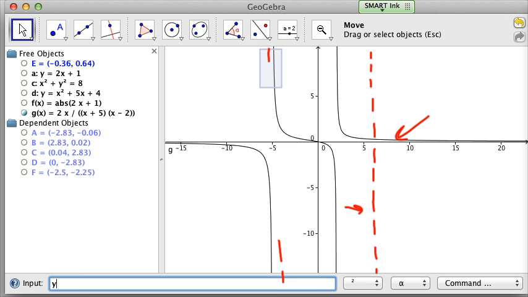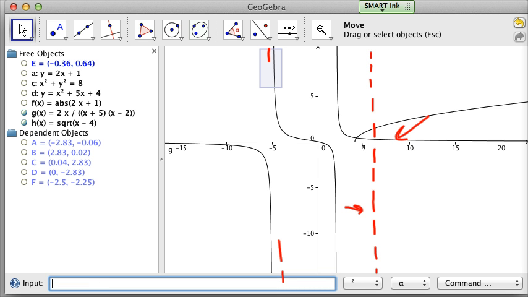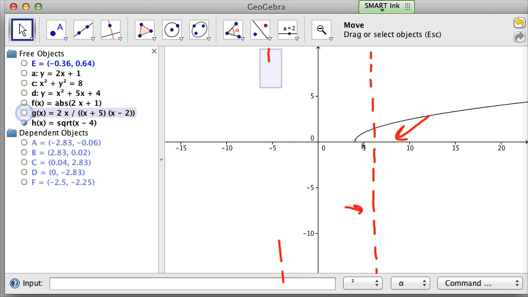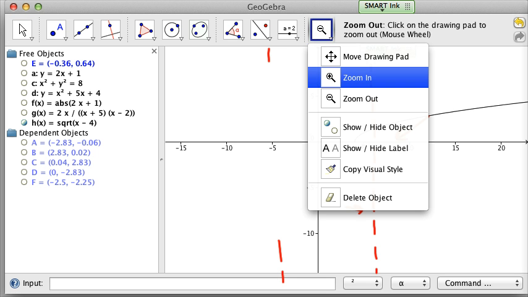So y equals SQRT for square root, and I think it was x minus 4. And then I'll close my parentheses and hit enter, and get rid of that g of x. There we go.